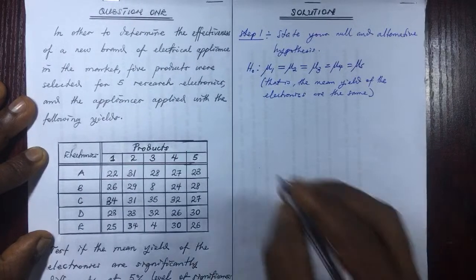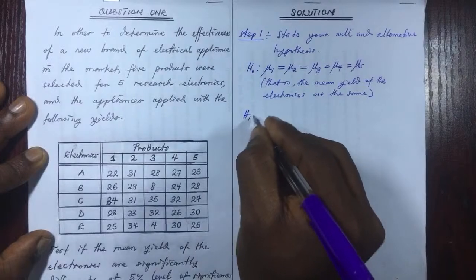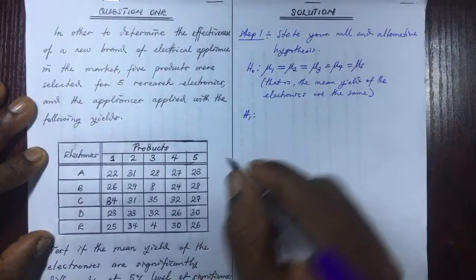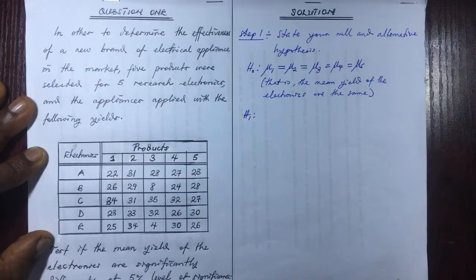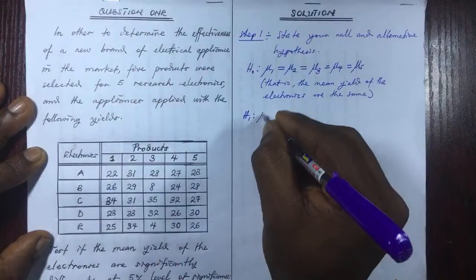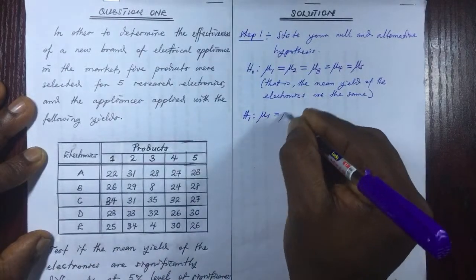Now, what we are going to do thereafter is to state our alternative hypothesis. So if your null hypothesis is saying that the mean yields are the same, that is, they are not significantly different, the alternative hypothesis will be saying that they are significantly different.